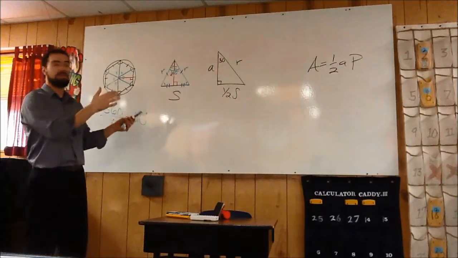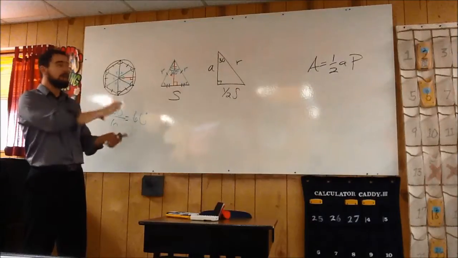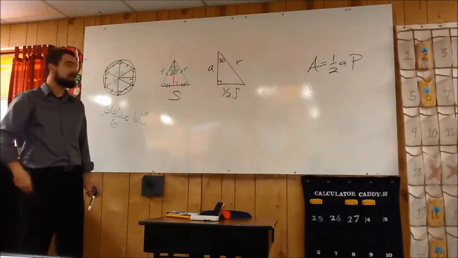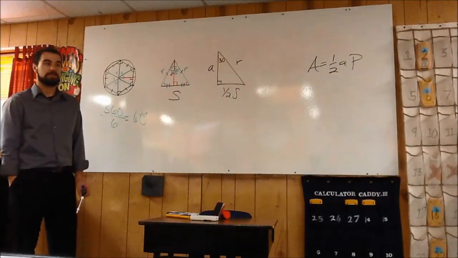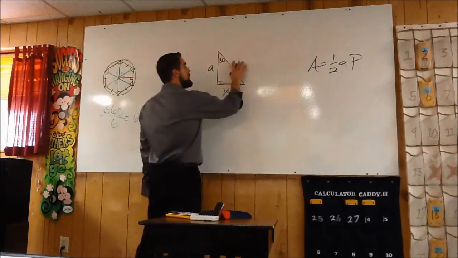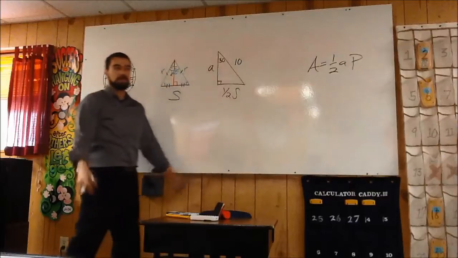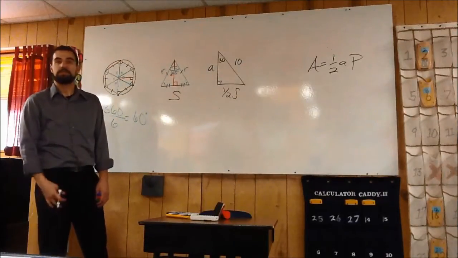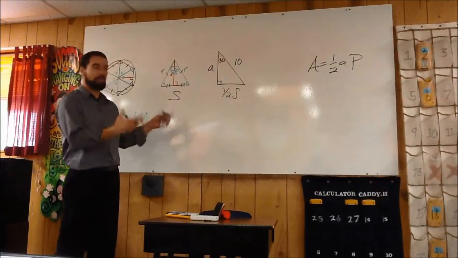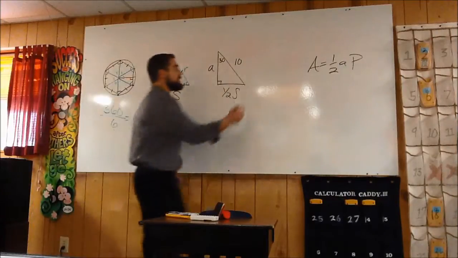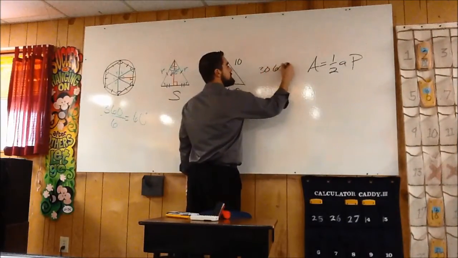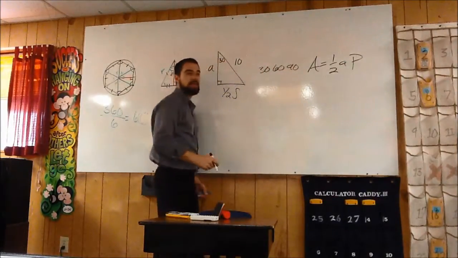And so I could give you any one of these three sides, and you should be able to tell me the other two. So let's pretend that I gave you the radius was 10. I just made that up out of the blue. Well, you can tell me what my other sides are by using the 30-60-90 extended ratio.